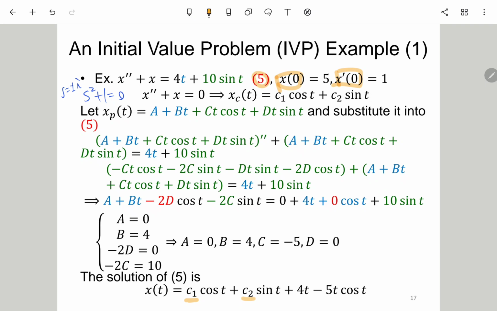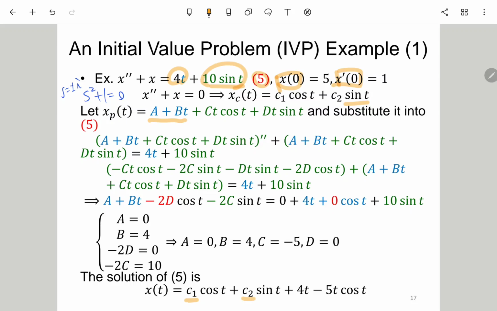Okay, so here you can see this one is the same as this one. First of all, this is a first order polynomial. Based on this, we assume xp of t to be a plus bt, and then this is sine of t.